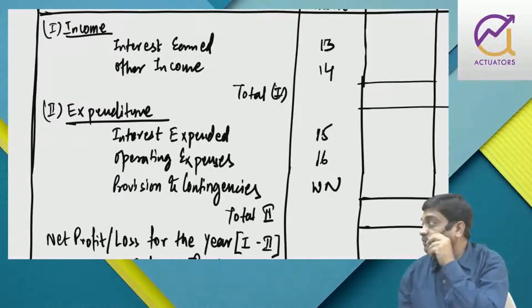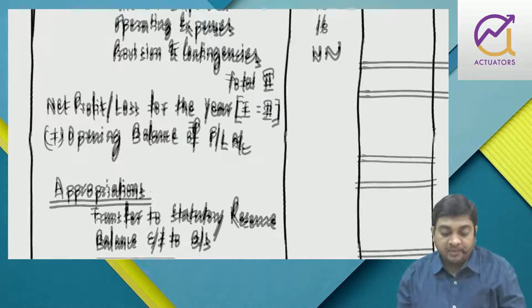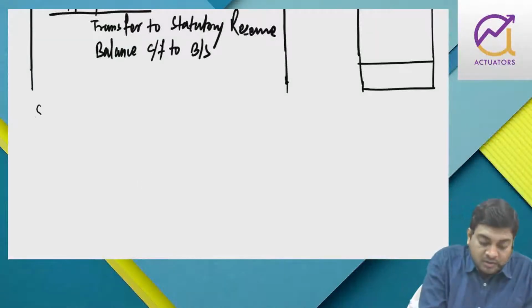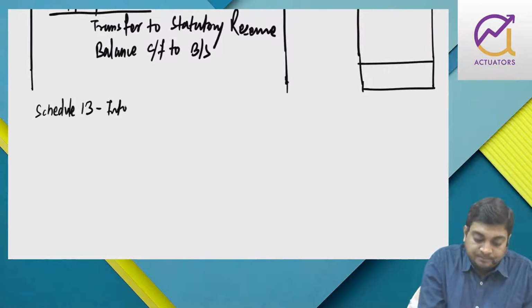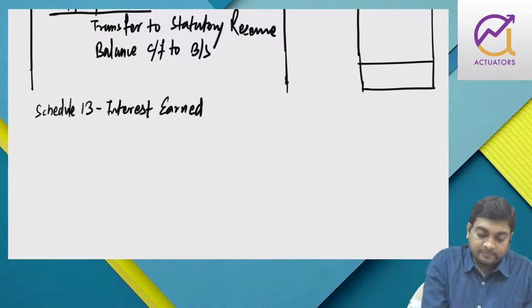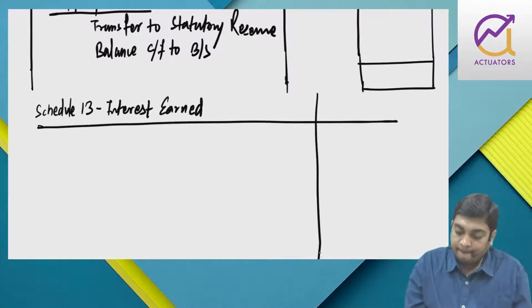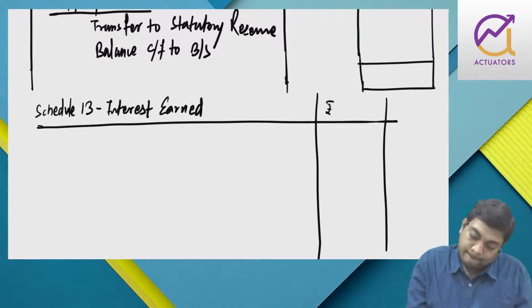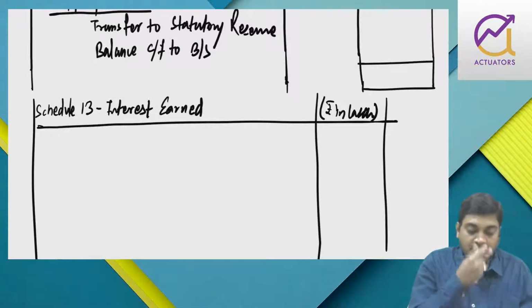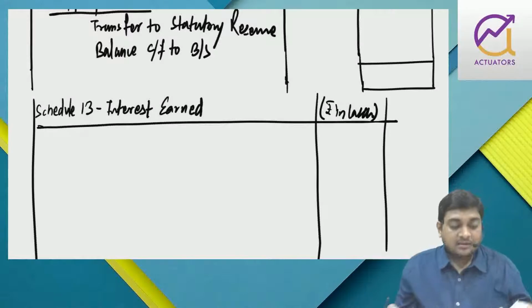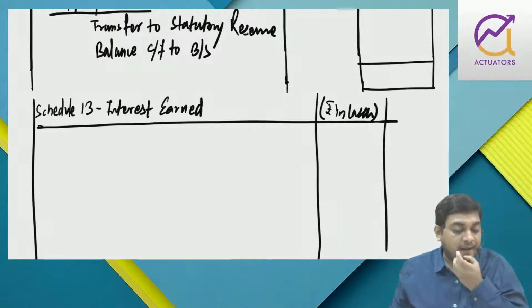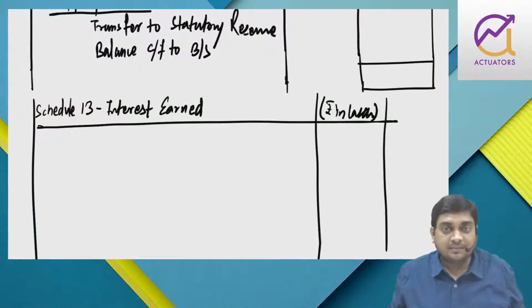Shall we start? Okay. Now, first of all I will do schedule 13. They have mentioned interest on cash credit, right?